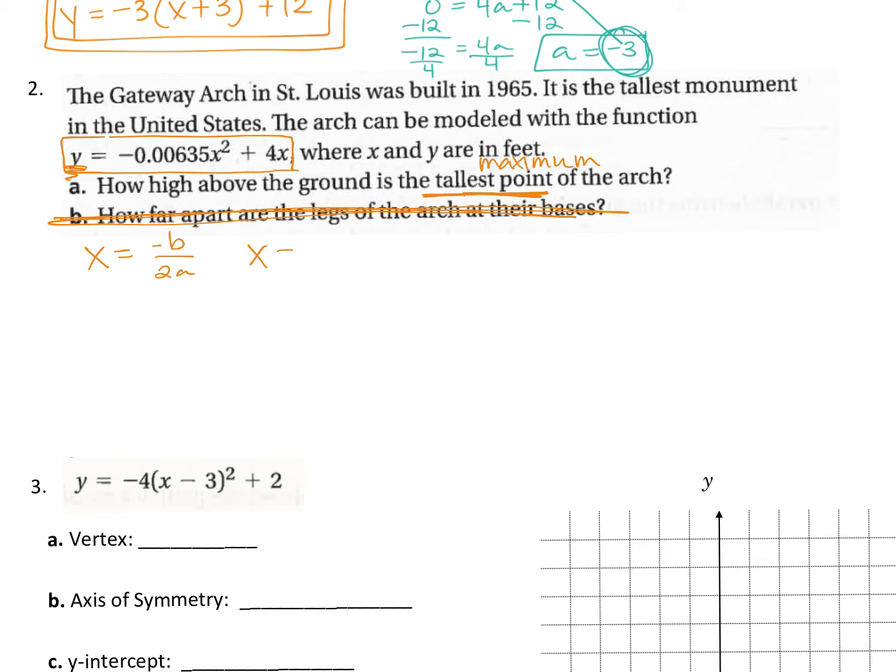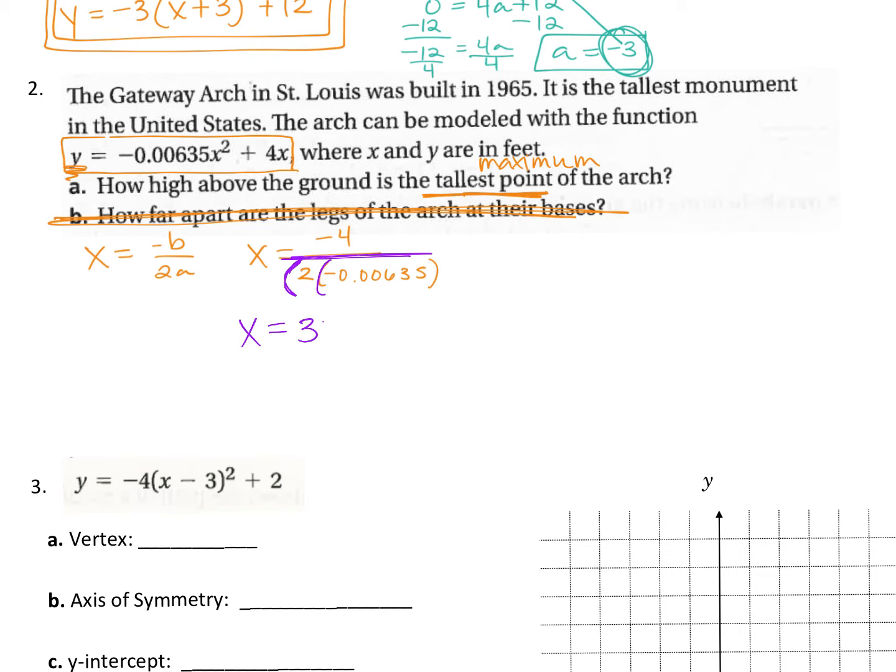So it's going to be x equals, a negative b is a negative 4 over 2 times a negative 0.00635. Don't forget your parentheses here. You have to add that second one. Okay. Technically, you don't need to finish it off, but you do need to start it on that. So plug in negative 4 divided by parentheses 2 parentheses that negative there, and you should get this number.